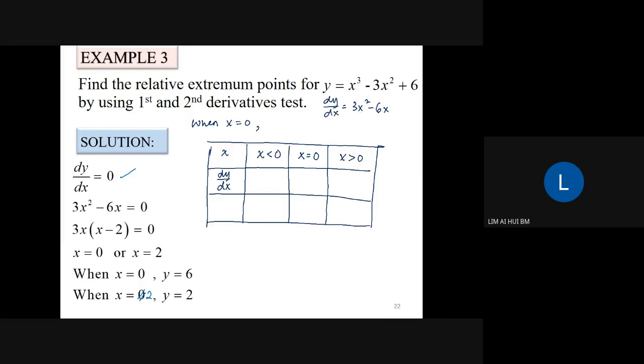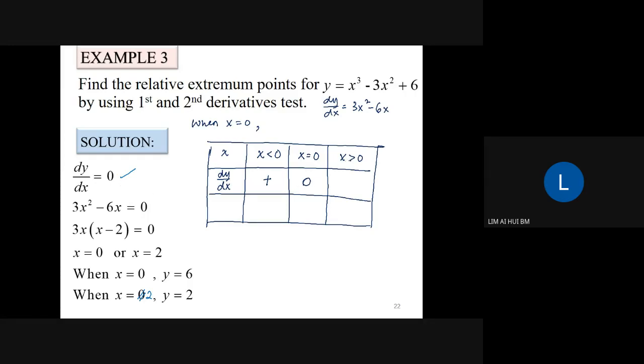Negative 1 square, you get positive 1. Positive 1 multiplied by 3 is 3. 3 minus 6 multiplied by negative 1, so 3 plus 6, you get positive. Only the sign matters, the value is not important. And indeed, when you substitute x equals 0 in here, you get 0, because we solved x equals 0 from dy/dx equals 0. So this is 0 in the middle.